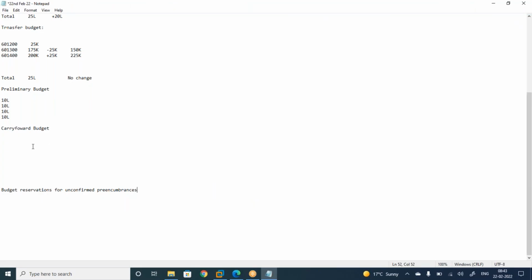Okay, the purchase order process: purchase order creation in draft mode, purchase order approved status, purchase order confirmed status. Before this, purchase requisition creation and purchase requisition confirmed.